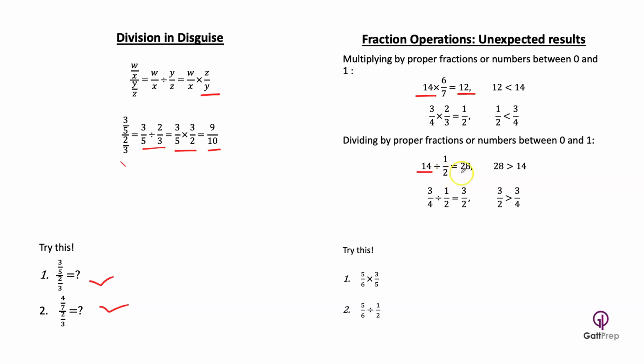Then you realize that your result is 28, and 28 is larger than the original number. Same here, 3 over 4 divided by half, you arrive at 3 over 2, and 3 over 2 is bigger than 3 over 4.